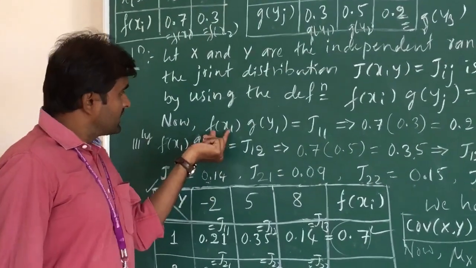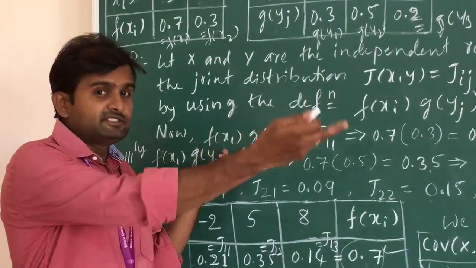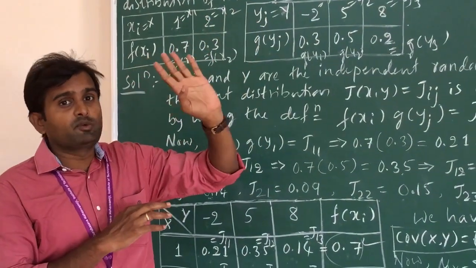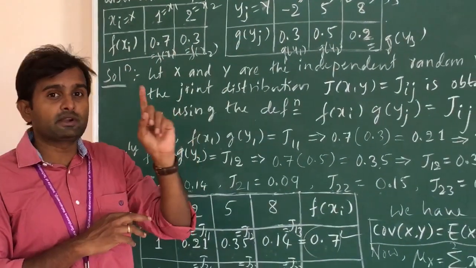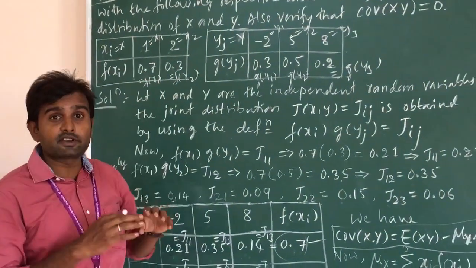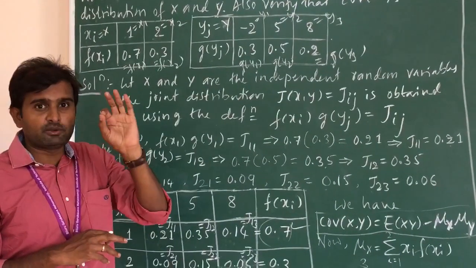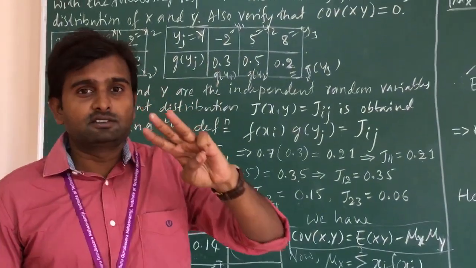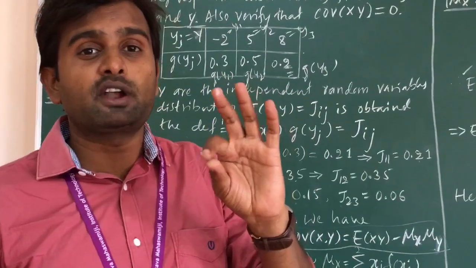Now, i ranges over the values of x, which has 2 data, so i is 1 and 2. Y has 3 data, so j is 1, 2, 3.